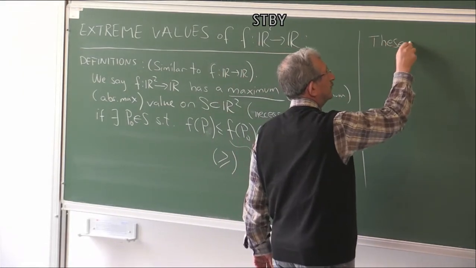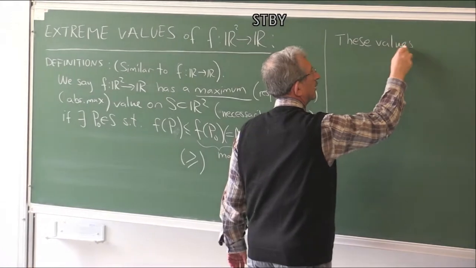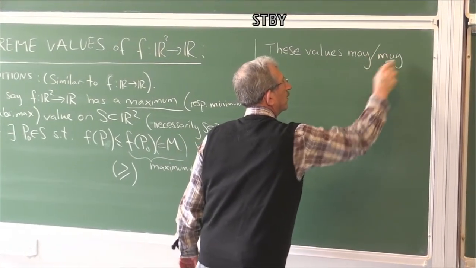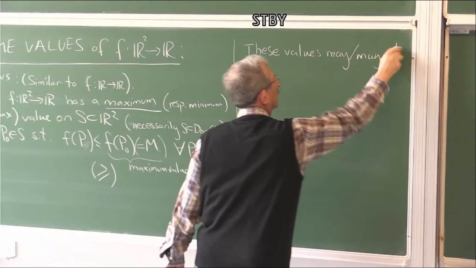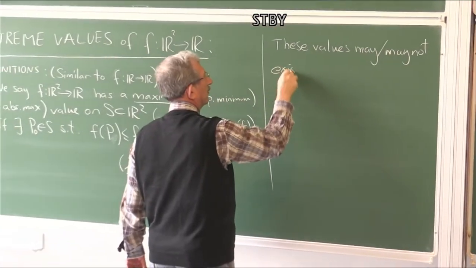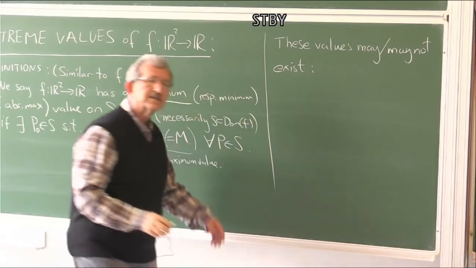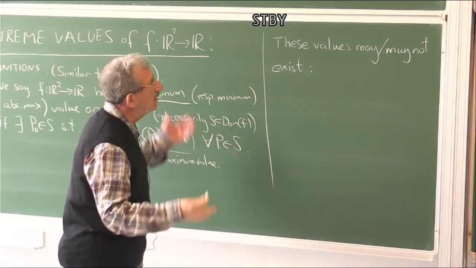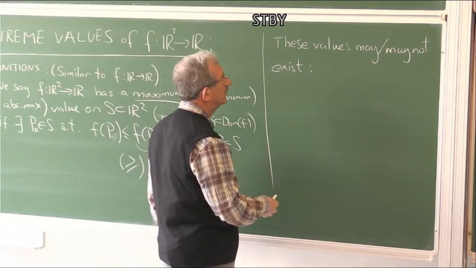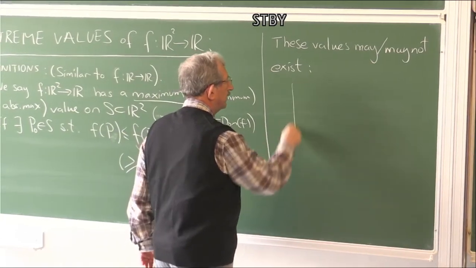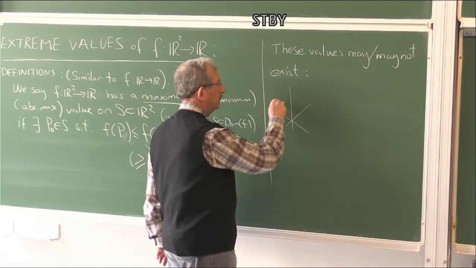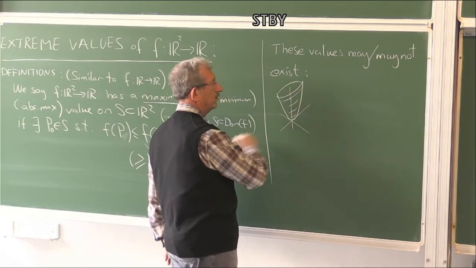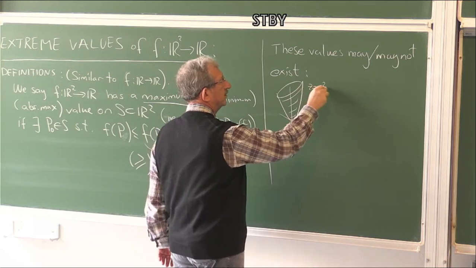So these values, just as in the one-dimensional case. Namely, you can consider, for example, the usual paraboloid, something like this.